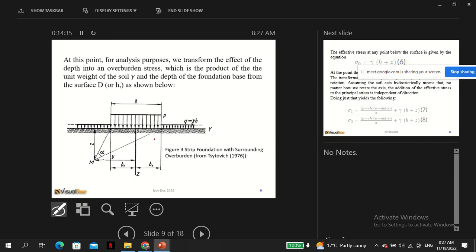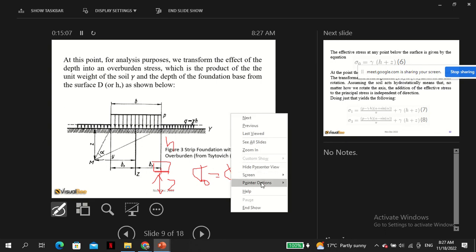So the foundation is here at depth h, and we are talking about some theoretical point here where there is an additional depth z, not for the foundation. So there is just gamma into h plus z.